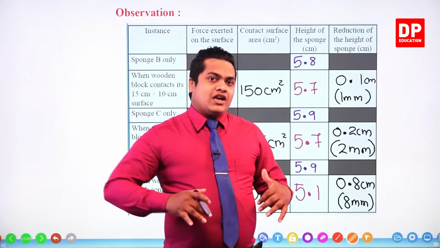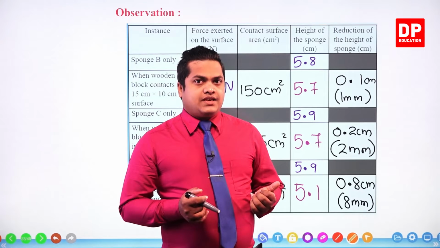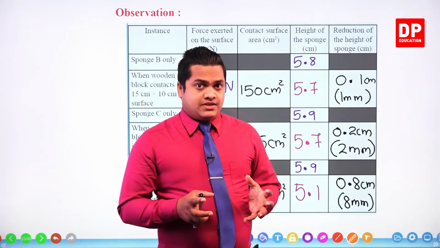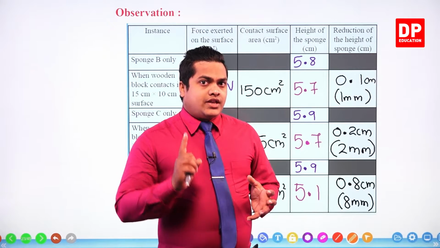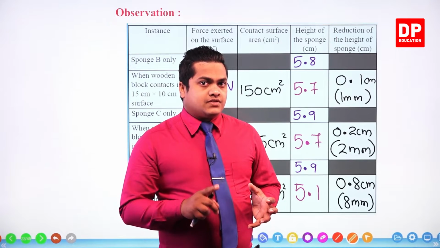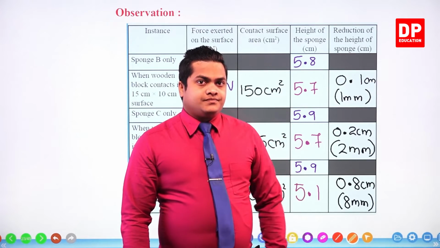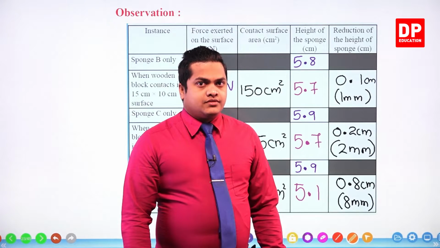So, upon the reduction of surface area, you could clearly observe, my dear children, that the pressure or the tension given upon the surface is going to increase. That's why the thickness is reducing.